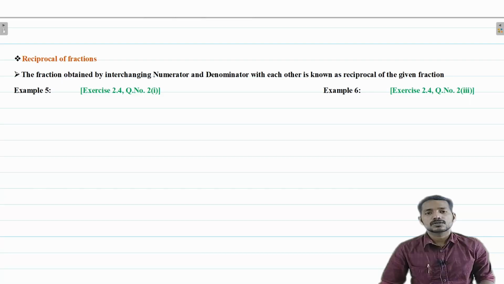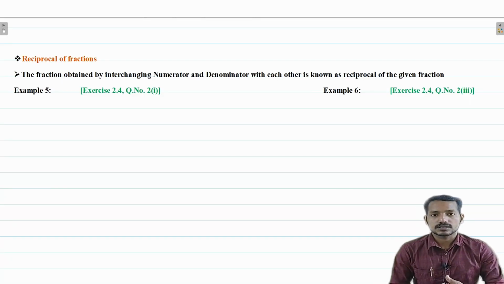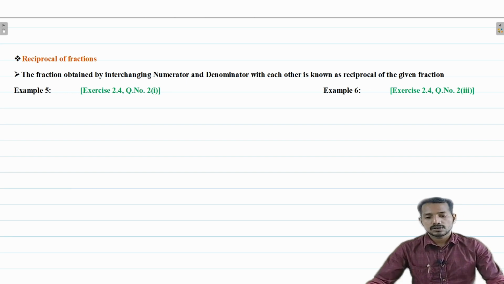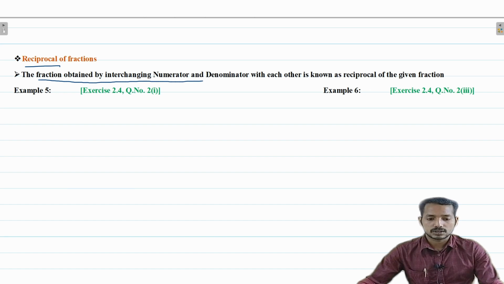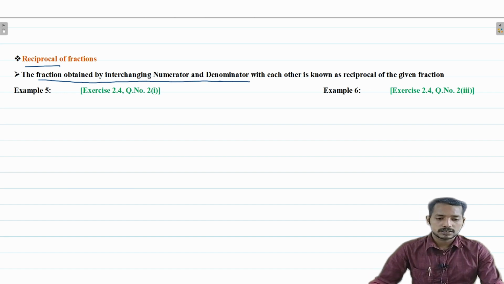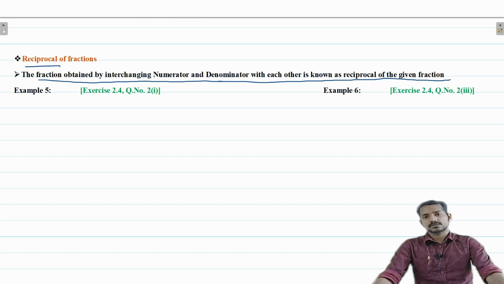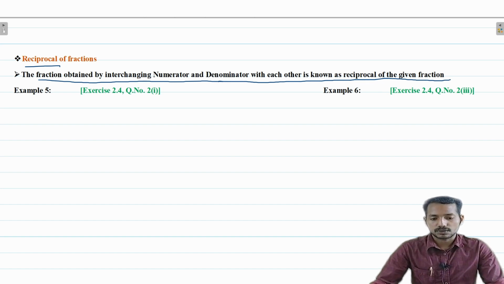Okay. Next topic we are going to see, that one is reciprocal of fraction. What is the reciprocal of fraction? The fraction obtained by interchanging the numerator and the denominator with each other is known as reciprocal of given fraction. For example, exercise 2.4 question number 2, option number 1, 3 by 7. Find the reciprocal of 3 by 7.